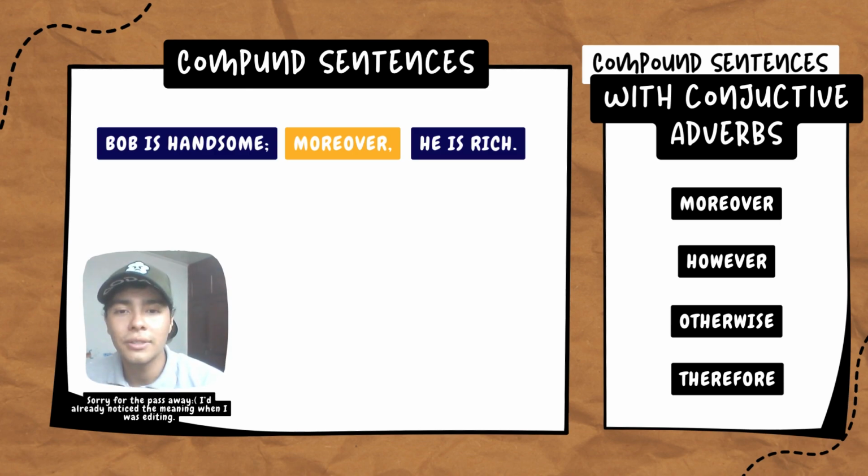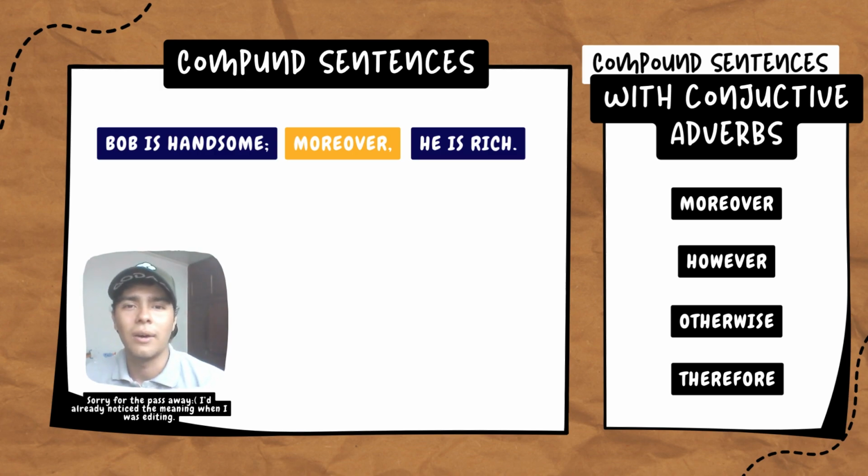Subordinating conjunctions put the emphasis on the two clauses, but a conjunctive adverb has another work, and it is that it shows progression in a sentence. We use a conjunctive adverb, for example, to complete or to add more information in our sentence, but not to put emphasis on the two clauses.